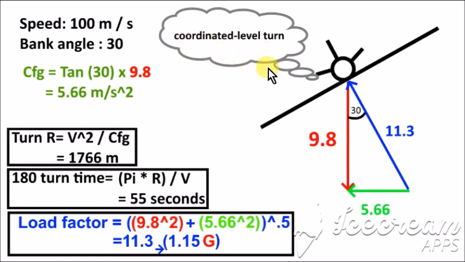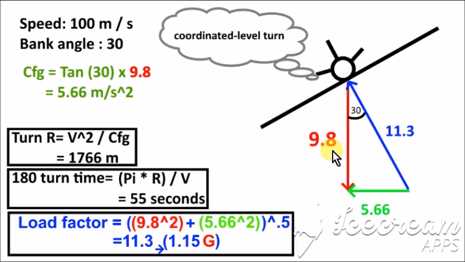Coordinated means that the force of the lift of the airplane is vertical on the wing, and level means that the airplane is not losing or gaining altitude, and that means the vertical component of the lift is equal to the weight. So in this example, I draw this triangle of forces, or we can call it the triangle of accelerations.